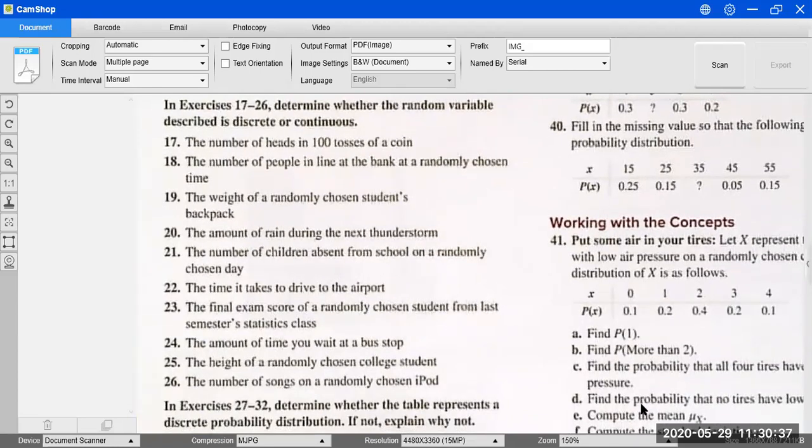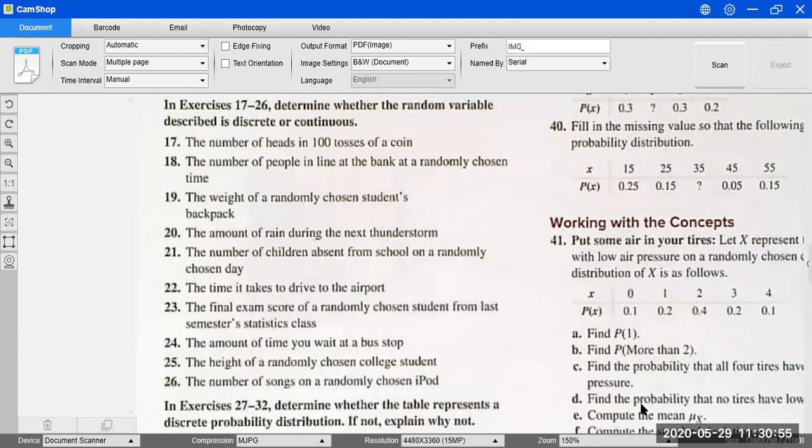Okay, so you just determine whether you have a discrete random variable or a continuous random variable. So you can take a screenshot now and read every problem carefully. You're not going to take a lot of time to do it.